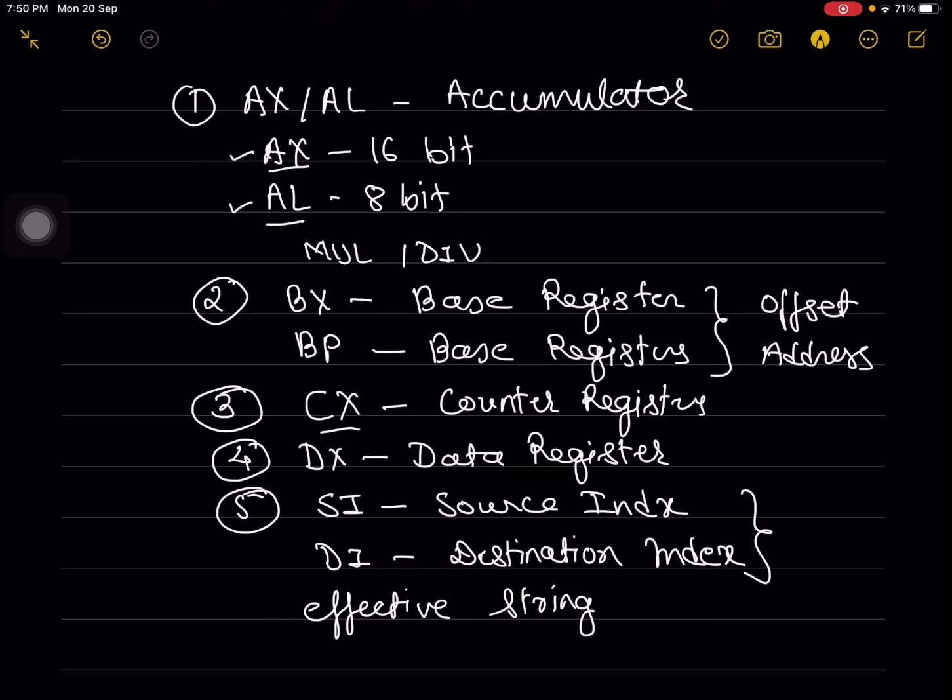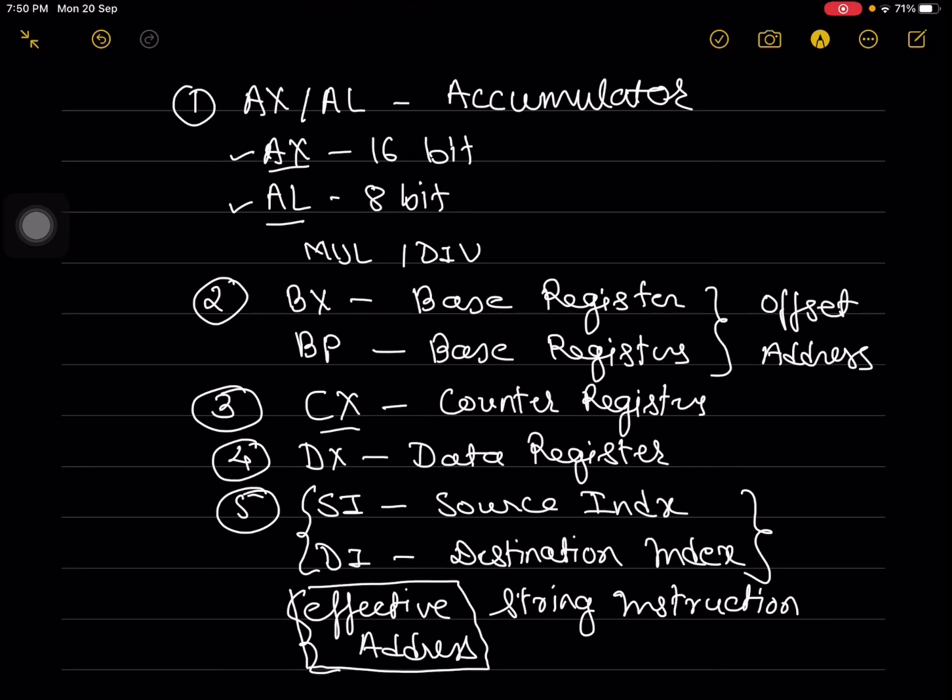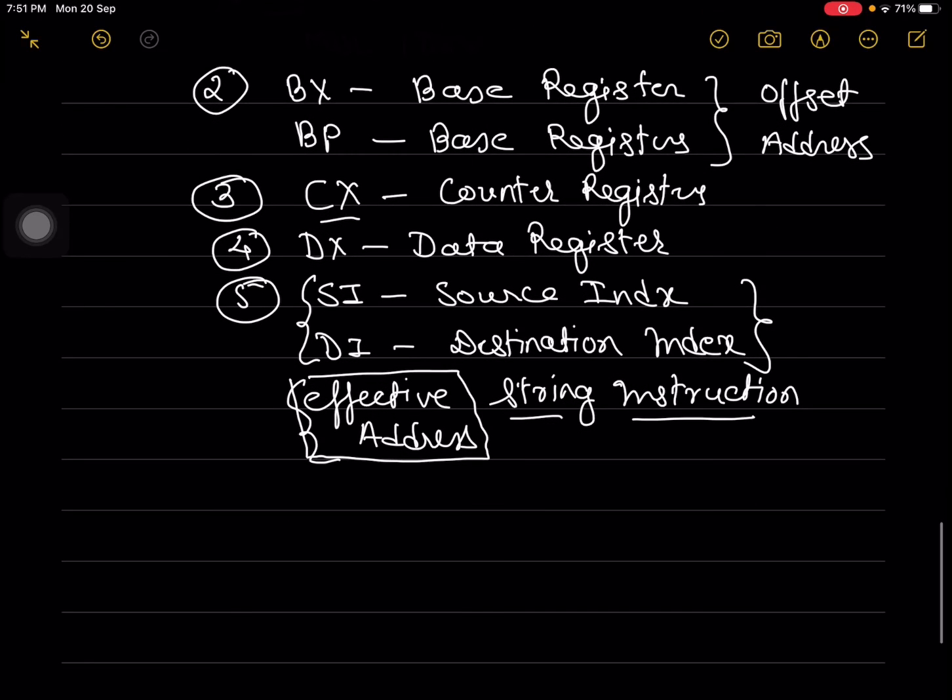There are string instructions in the microprocessor, a category in which string data is handled, and in those instructions for storage of effective address, these two registers, SI and DI, are particularly used, in the 8086 microprocessor.